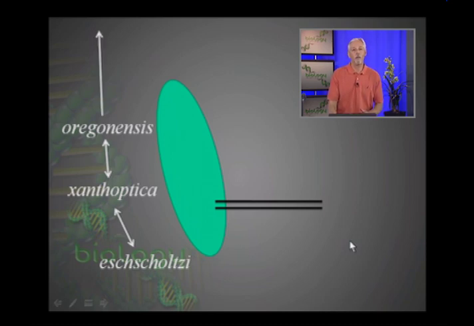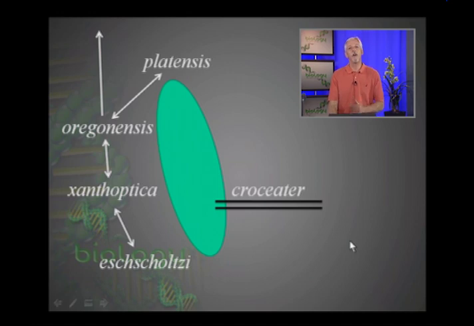Oregonensis continues up the northern range all the way up into Oregon, but in the northern part of the Central Valley, it overlaps with Platensis, and they freely interbreed. Platensis then also is found on the eastern side in the Sierra Nevadas. And in the southern portion of the Sierra Nevadas, it intersects with a variety known as croceater, and they interbreed.